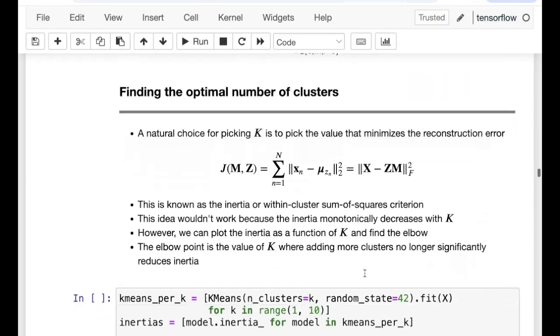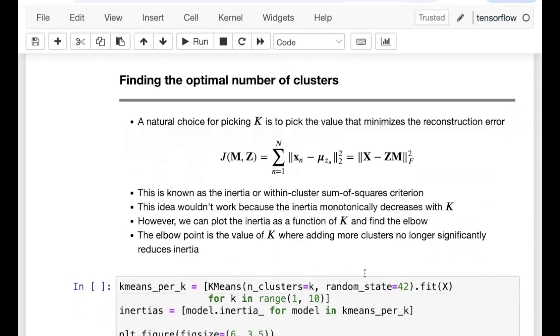The other question with k-means is finding the optimal number of clusters. In reality, we don't know this parameter uppercase K. So how can we find this? This is a little bit of a hard problem. The reason is that, as we find more and more clusters, obviously we can have smaller values of inertia, this sum of the squared distances, because now we have more clusters.